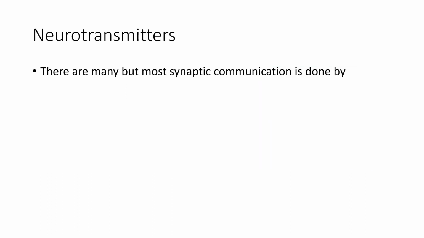Now let's chat about some of the different neurotransmitters that we have in our body. Firstly, there are many of them, but most synaptic communication, so neuron to neuron communication, is done by glutamate, which is an excitatory neurotransmitter. This is a chemical that, when released, produces more activity or excitation.